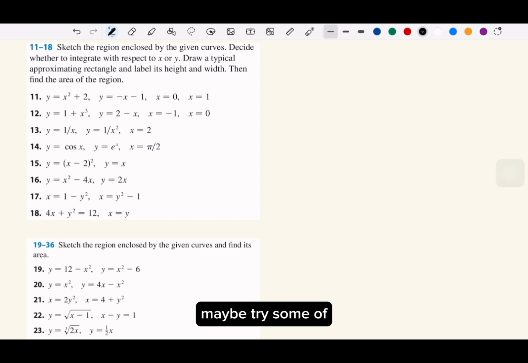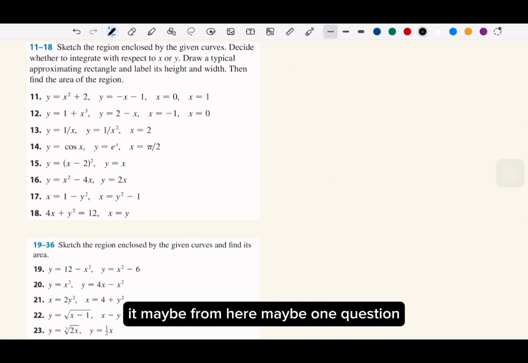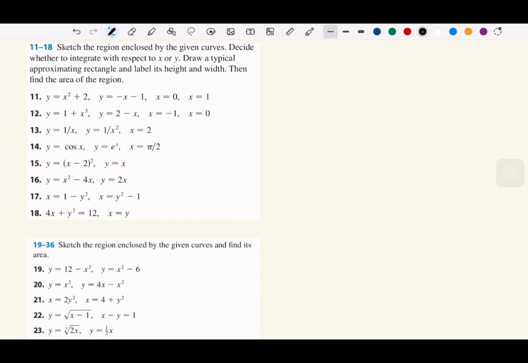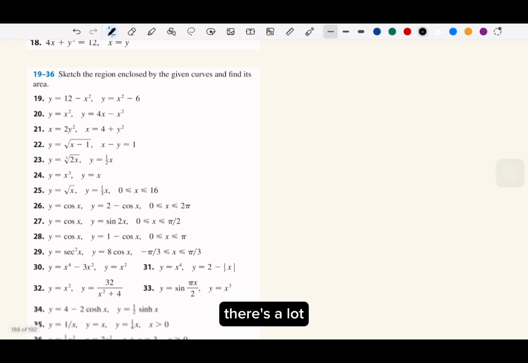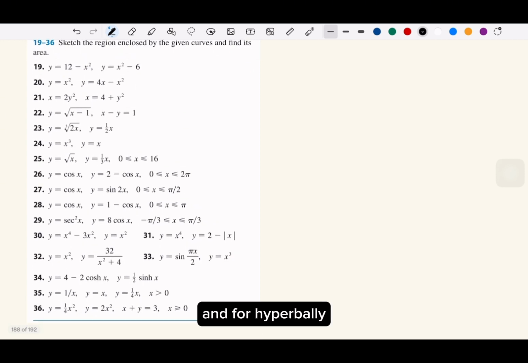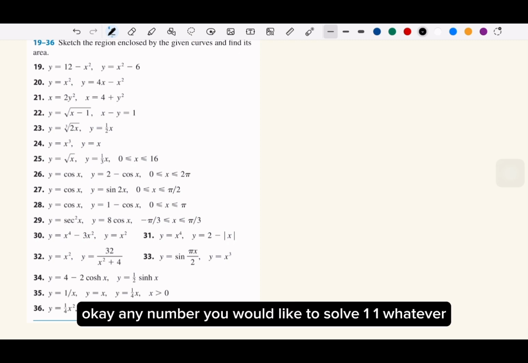Maybe try some of it. Maybe from here, maybe one question. There's a lot. And for hyperbolic, I think we can skip the hyperbolic. Okay, skip the hyperbolic function. Okay. Any number that you would like to solve?